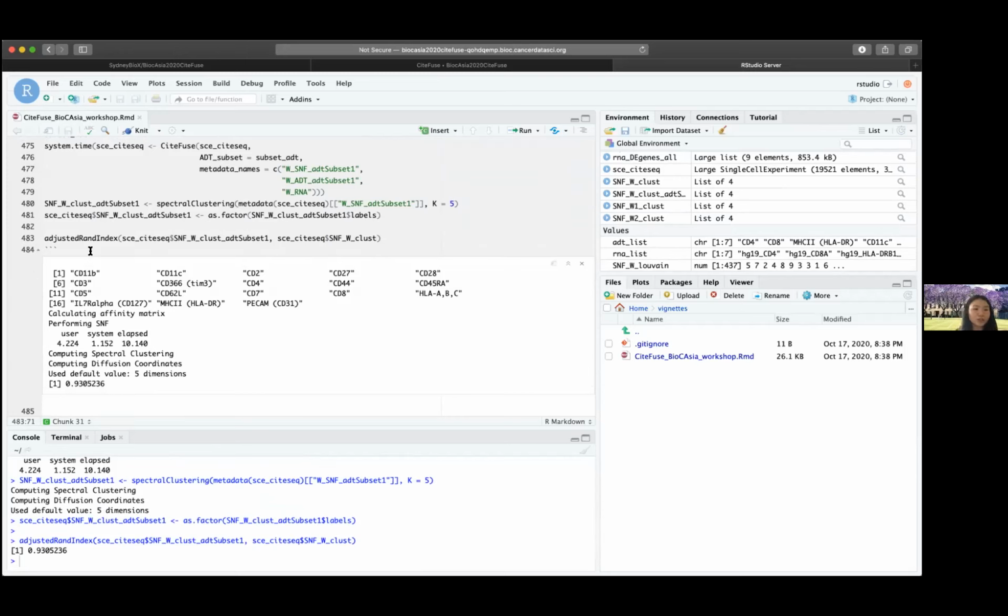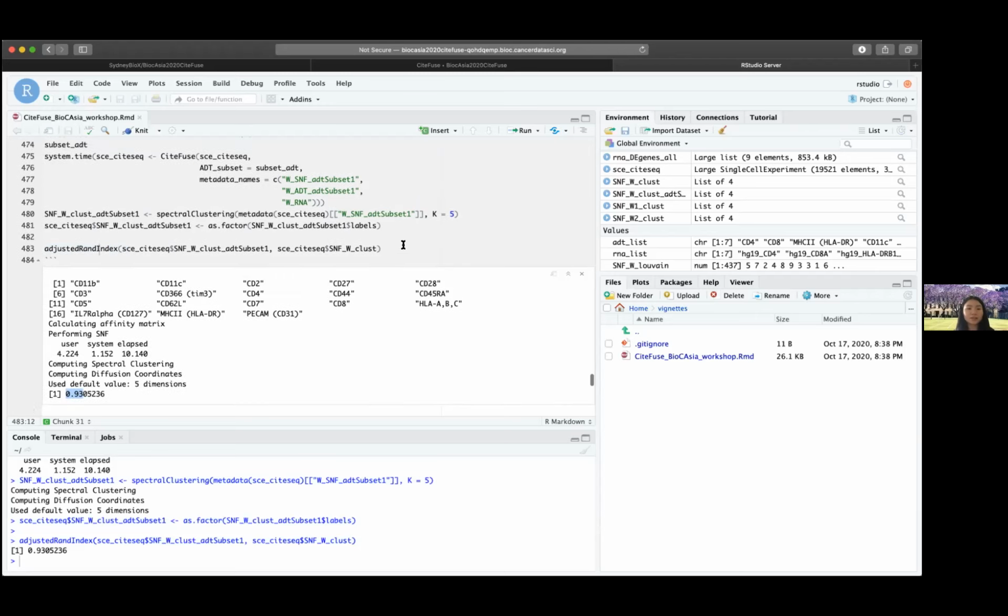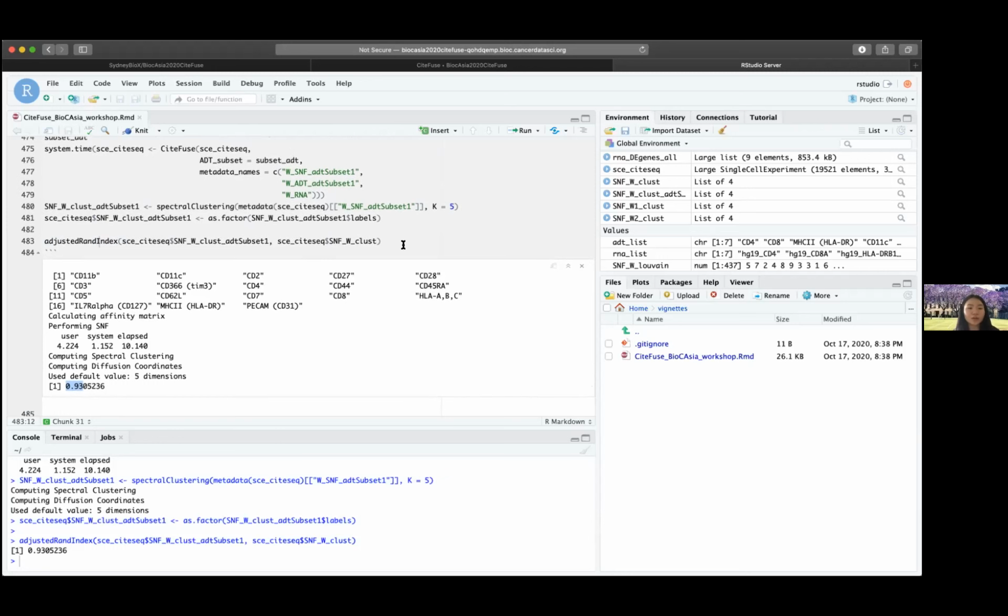The adjusted rand index evaluates how consistent these two results are, and we can see that it is 0.93. The closer the score is to 1, the more concordant they are. So this shows a way to evaluate the importance of ADTs.